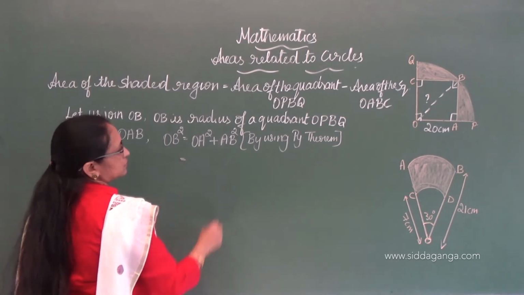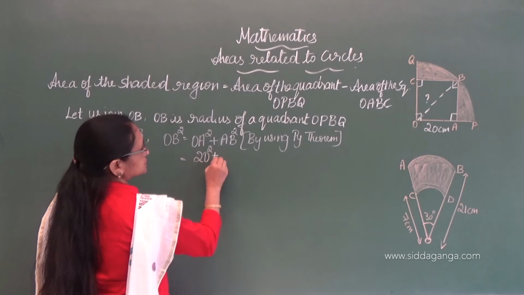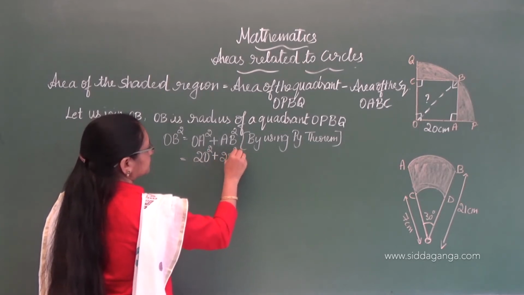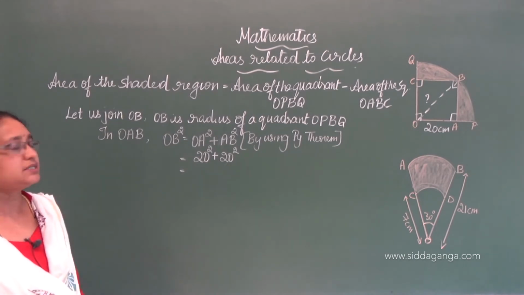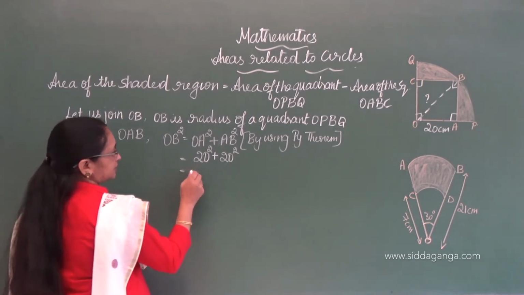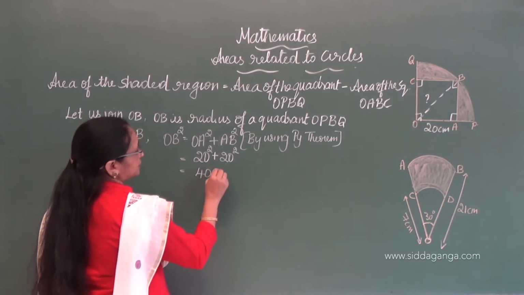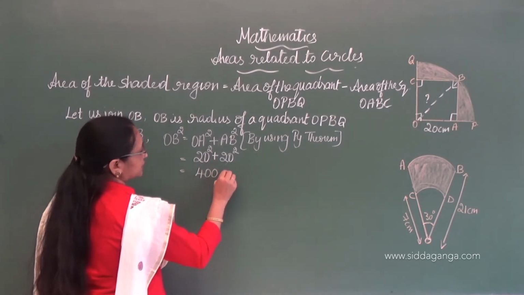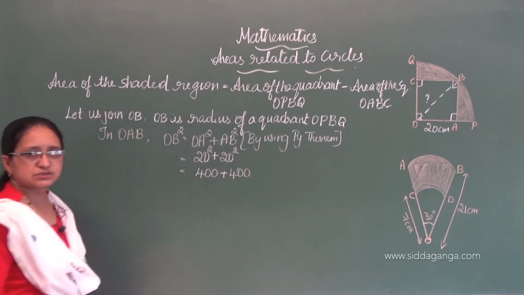We don't know. OA square is how much? 20 square plus 20 square. Okay, 20 square plus 20 square. So here you will get 400 plus 400. I hope you understood this.